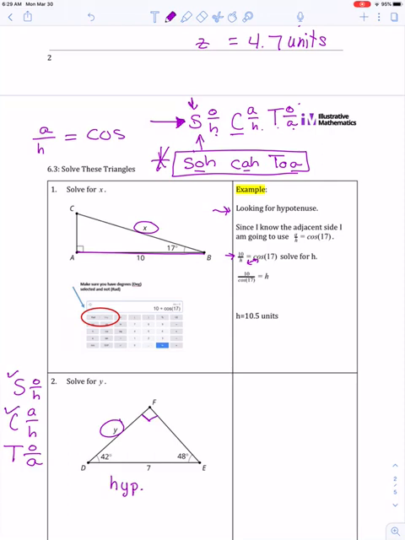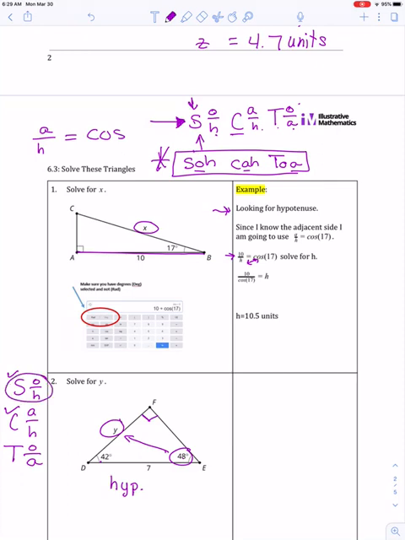But then the question is, which angle do you want to use? And it doesn't matter. Just pick one, go with it. Don't go back and forth. So I'm going to look at 48 degrees. If I do 48 degrees, then I know I have my opposite side. So that would be this one.